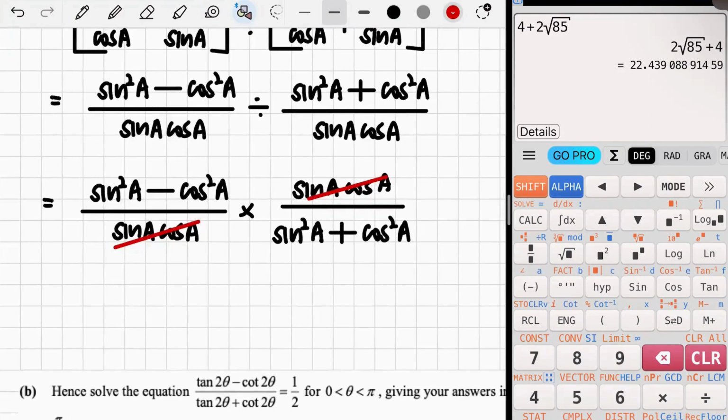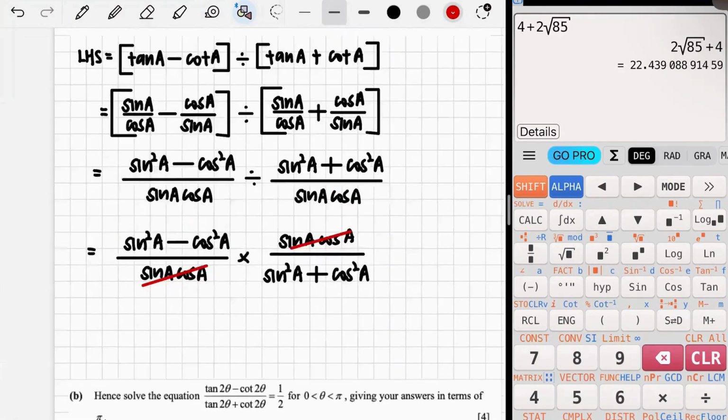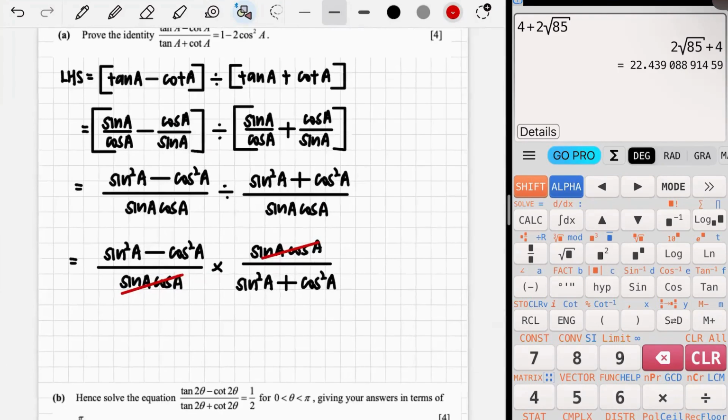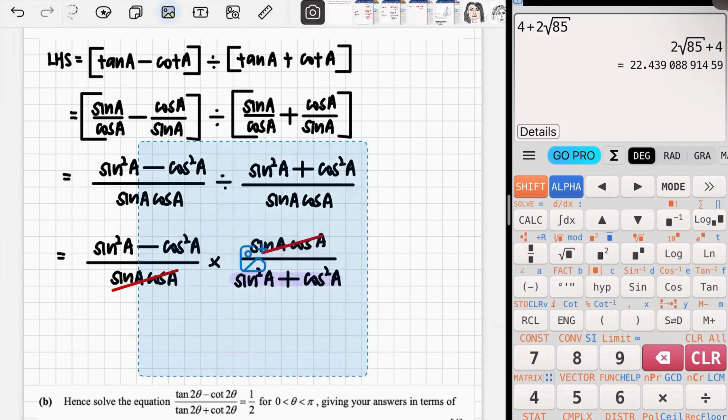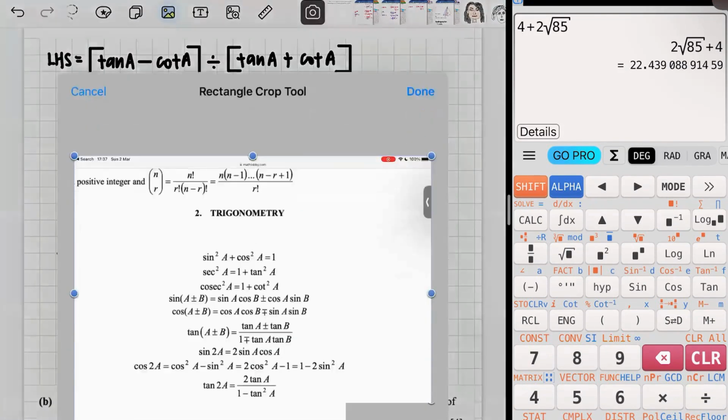All right. So we have sine square minus cosine square, then we have sine square plus cosine square. The thing about sine square plus cosine square is actually 1, based on the identity. Then that sine square minus cosine square thing looks very familiar to me.